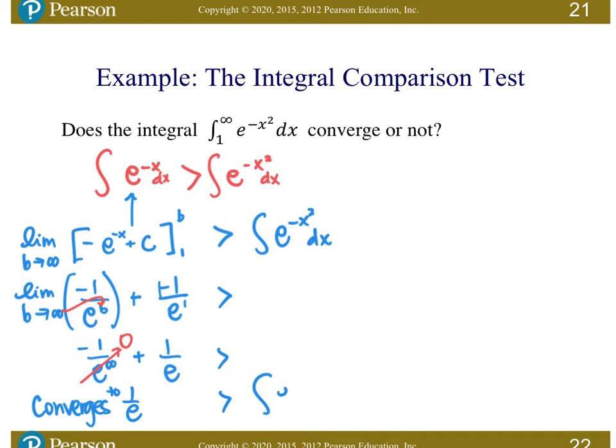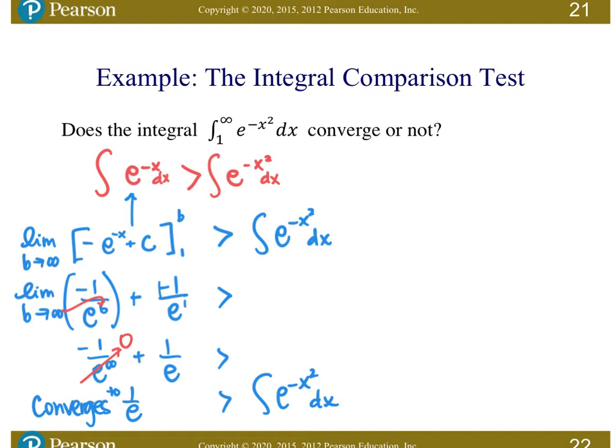Well, that's greater than the integral of e to the negative x squared dx. So if the integral of e to the negative x dx converged to a value, that must force the smaller integral to also converge. Now notice it doesn't converge to the same value, but it converges to either that value or less.